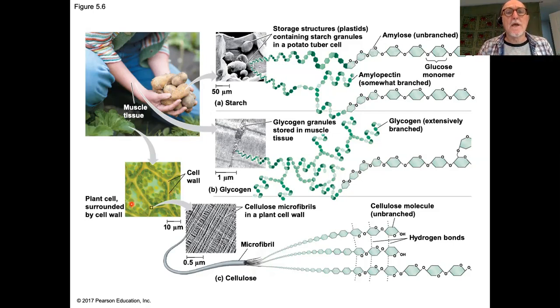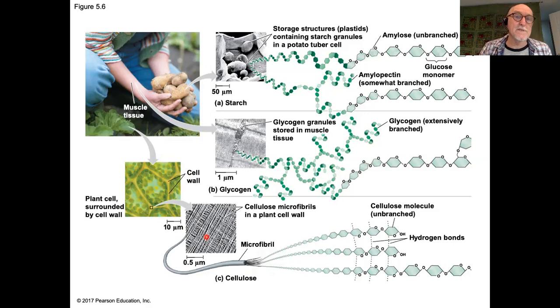As a plant grows, it'll put all sorts of other substances into the cell wall to make wood and stuff like that. But the initial cell wall of plants is cellulose. And there is a huge amount of cellulose manufactured by plants. A huge amount of carbon dioxide from the atmosphere is taken in by plants and converted into cellulose as the plant grows.